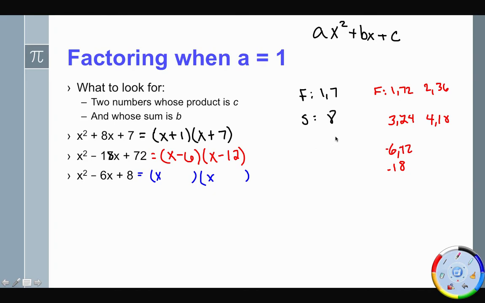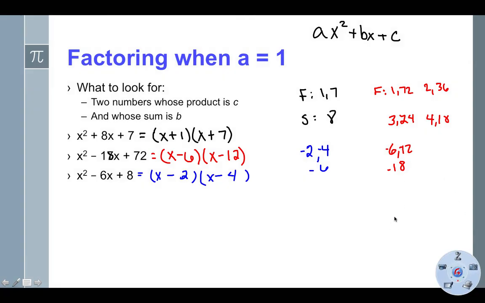I know I have 1 and 8, but that doesn't work. But 2 and 4, if I do negative 2 and negative 4, I will get a sum of negative 6. So that means it's x minus 2 and x minus 4, and you're done. Once you get the hang of factoring, the factoring actually comes out very quick.